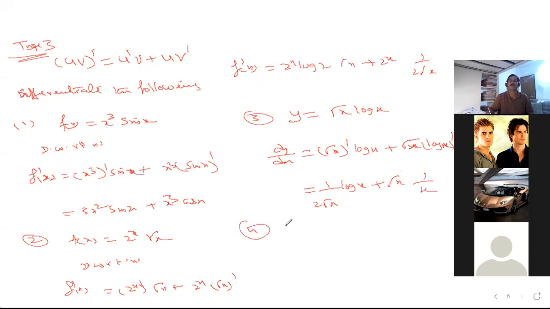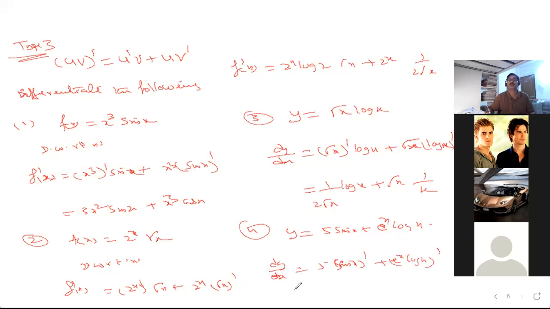Sometimes what happens here, they give it like this also: 5 sin x plus e to the power of x log x. You need not worry. Of course, uv is involved. (5 sin x) dash, and here (e to the power of x log x) whole dash.